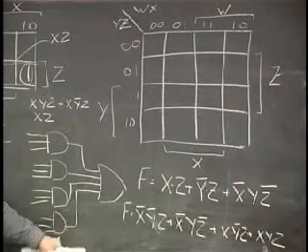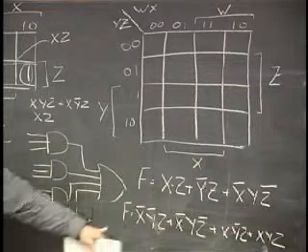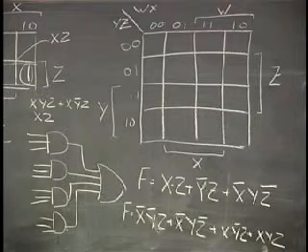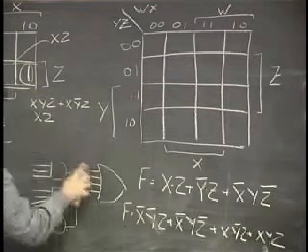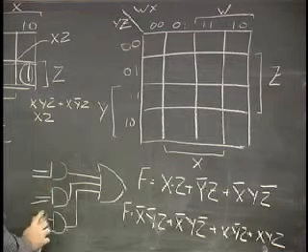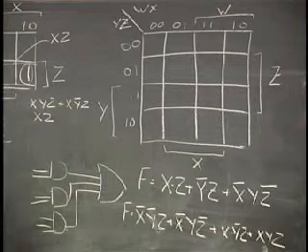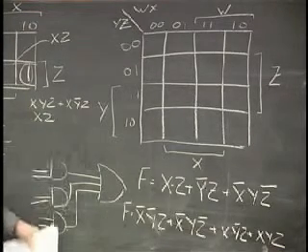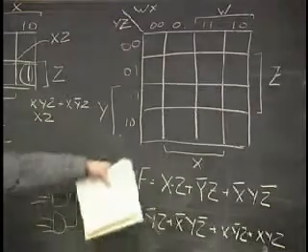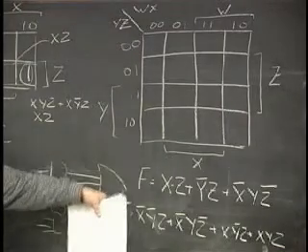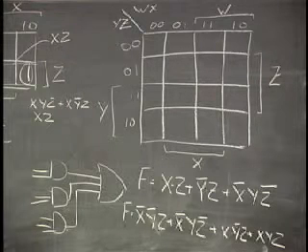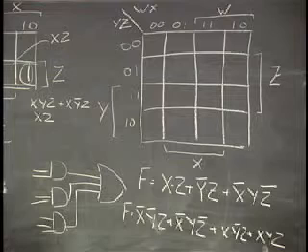We would have had to implement this logic in order to implement this function. Now we have simplified it down to only 3 of these gates, and 2 of them only have 2 inputs. So we've gone from 4 gates to 3 in this layer. 2 of them only have 2 inputs, 1 of them has 3 inputs, and then we only need a 3 input OR instead of a 4 input NOR. So we've simplified the number of gates. We've simplified our logic. It's a much easier expression to understand.